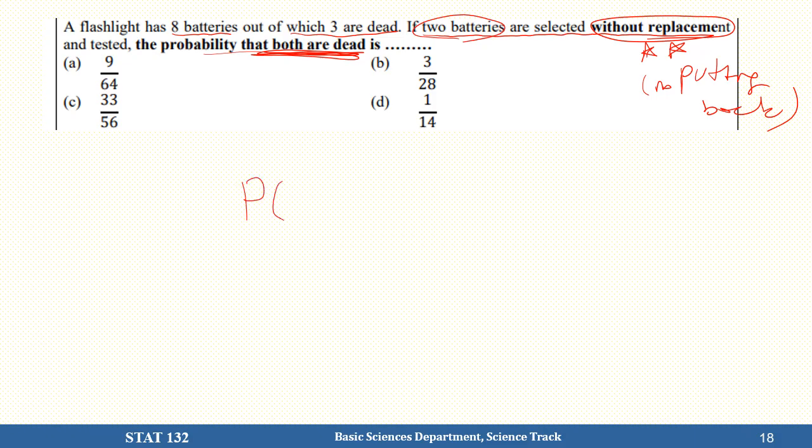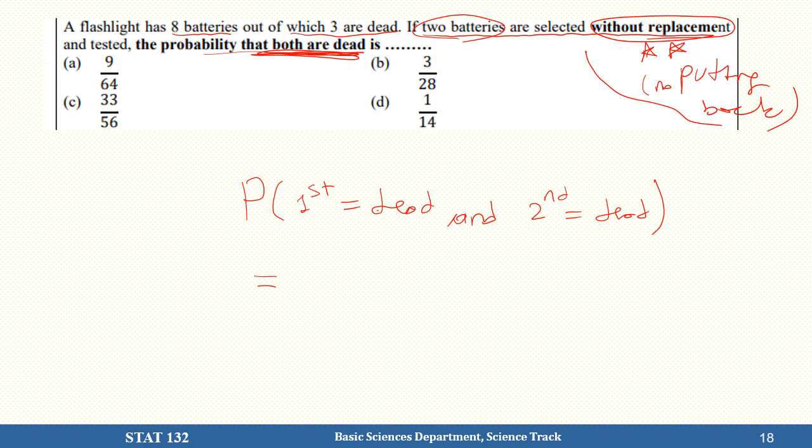So you can say the first battery, you want this dead, and you want the second dead. So what's the probability? They are not independent. This is without replacement, which means the selections are dependent.